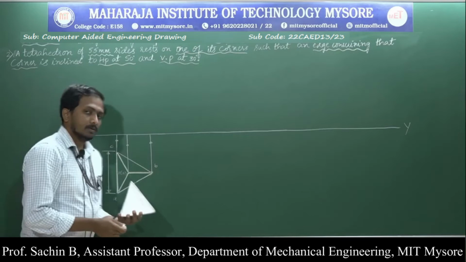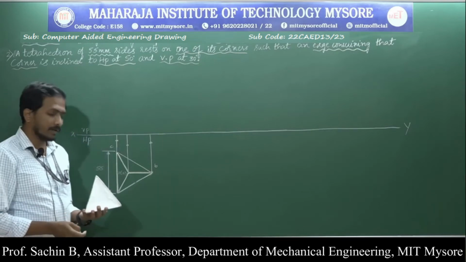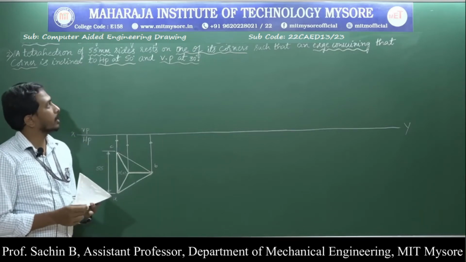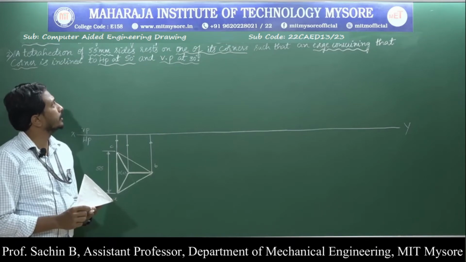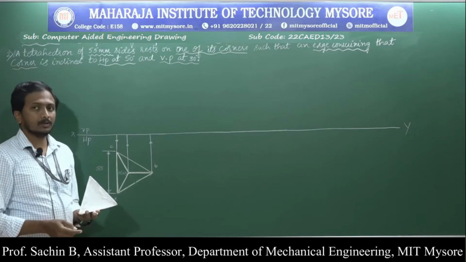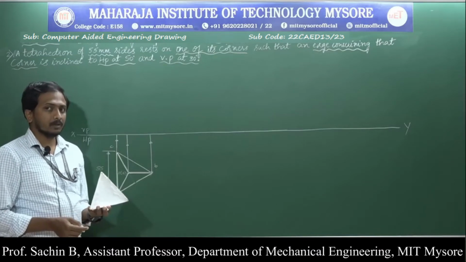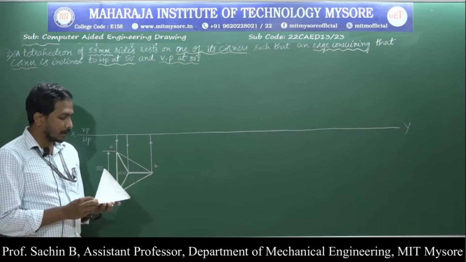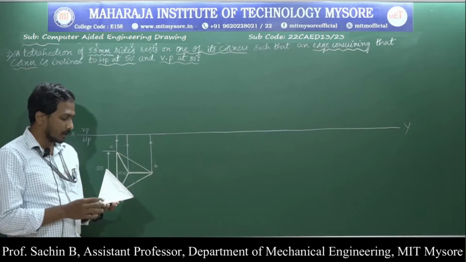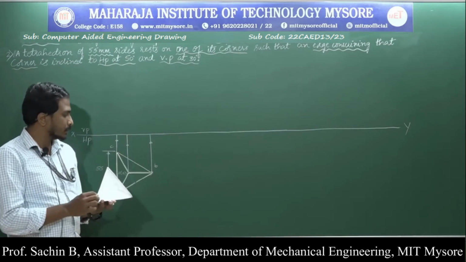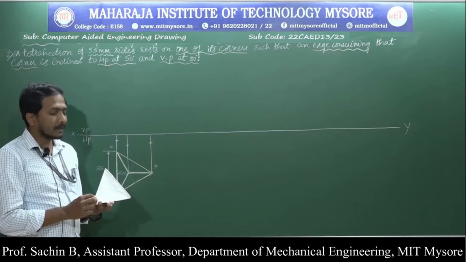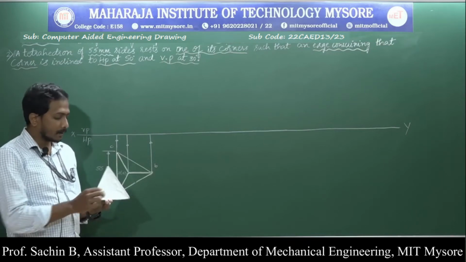Now in the problem they have given a tetrahedron with 55 millimeter sides of base. Now how do we construct the front view of the object? By the appearance of the object to the observer, this slant edge will look like a line inclined at some angle.